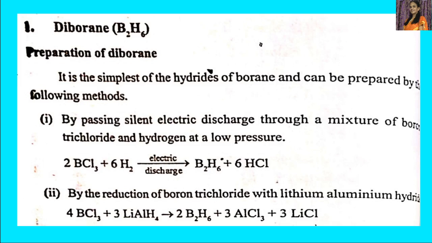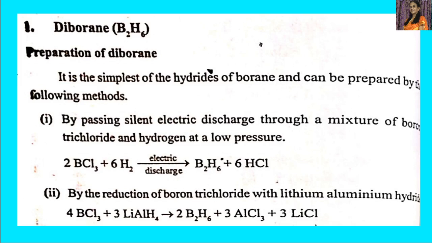Next is the reduction of boron trichloride with lithium aluminum hydride, a reducing agent. Let us see the reaction. BCl3 plus LiAlH4 gives B2H6 plus AlCl3 plus lithium chloride, LiCl.